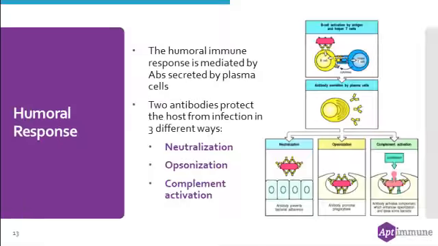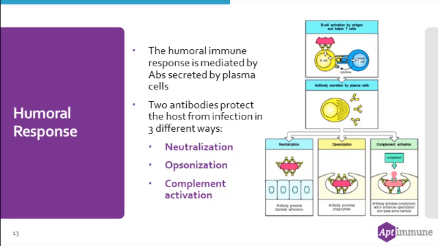And finally, we have the humoral response, which we also want to target. We have the B cell that is going to recognize the microbe, and in contact with the helper T cell is going to differentiate into a plasma cell and create these antibodies. And these antibodies have different functions. We have neutralization; they can bind to the microbe and avoid infection.